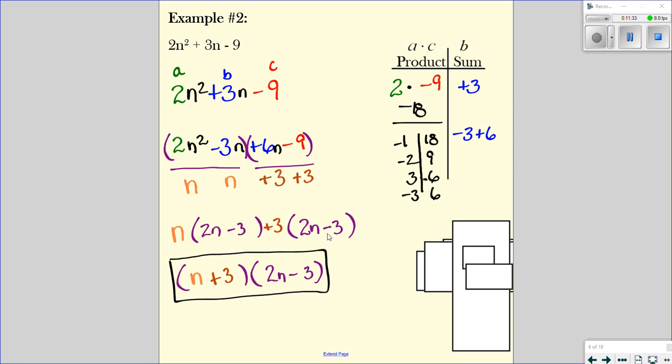So then I had to pull the negative out, which made the 3 positive, and then get 2n minus 3. So that's going to be a situation where you might take out a negative and then you still end up with the factors inside the parentheses being different based on sign. Whatever you pull out, or if it's a negative, then you have to multiply to the GCF that's outside in front of that parentheses.